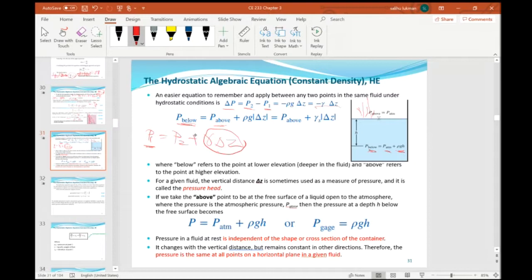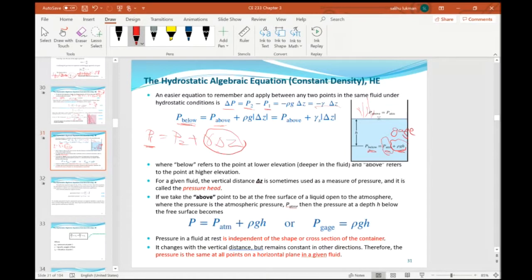Because we add atmospheric pressure here, if we remove it, this is absolute pressure. So this is just gauge pressure plus rho g h. If this is atmosphere, then the additional pressure rho g h is gauge, which is the pressure above atmospheric.